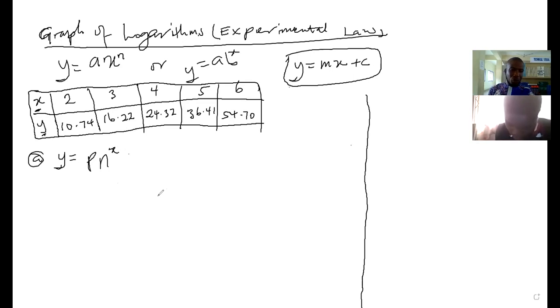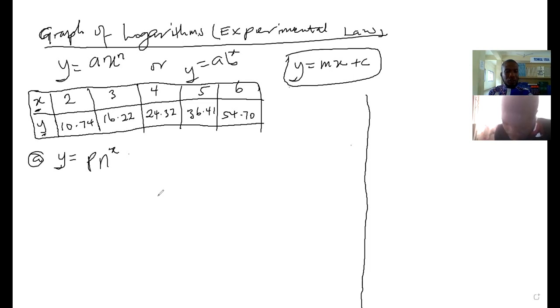A: draw a suitable linear graph for the relation. B: use your graph to estimate correct to two significant figures the values of p and n.